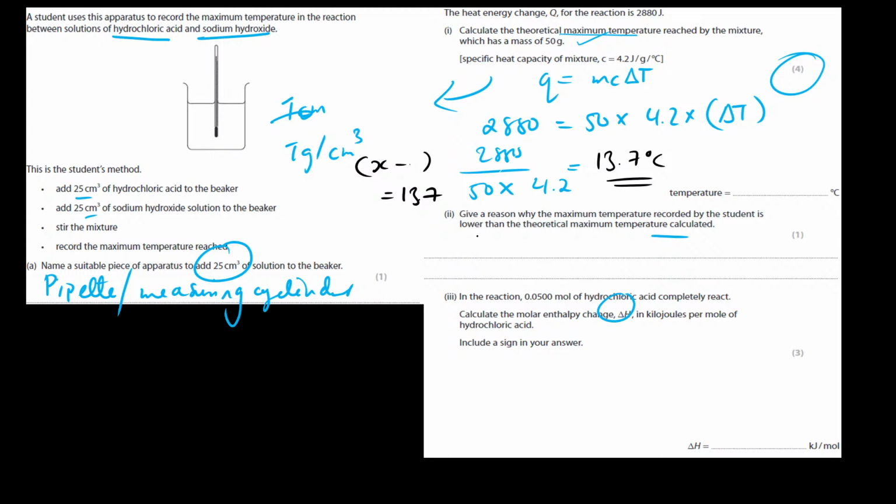But can anyone give a reason why the temperature recorded by the student is lower than the theoretical maximum temperature calculated? Can anyone think of any reasoning, any explanation why that is the case?